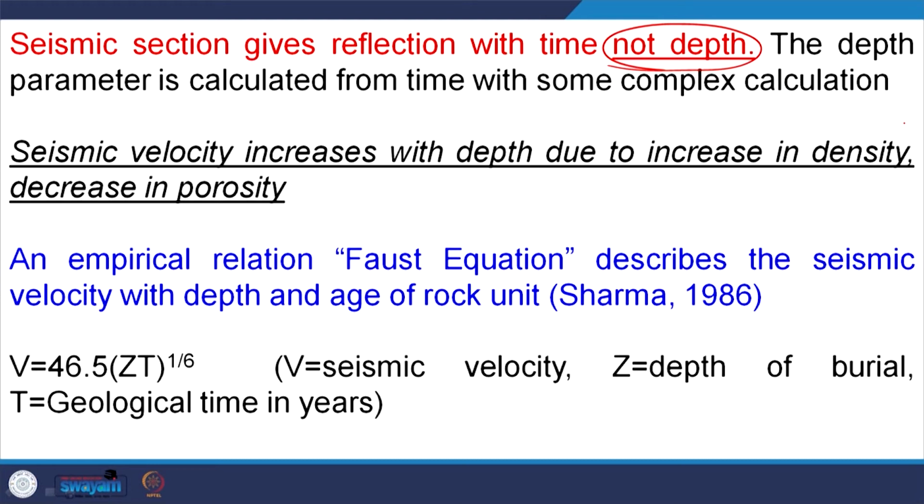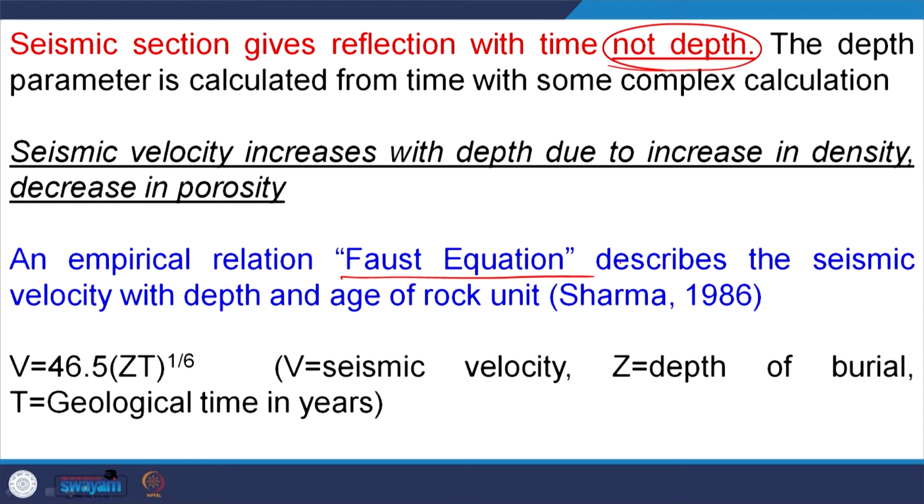So, seismic velocity increases with depth due to increase in density and decrease in porosity, because once we are going down, due to more and more overburden pressure, the porosity decreases. Similarly, the density increases, because once porosity decreases, the pore space is occupied by grains and the density increases. So, with increasing density the velocity increases, and an empirical relation, called Faust's equation, describes the seismic velocity with depth and the age of the rock.